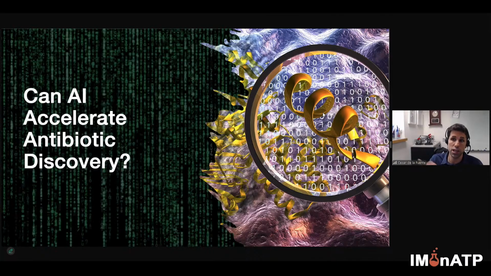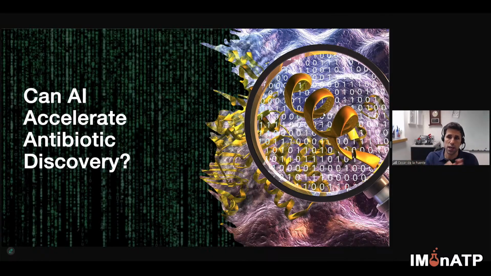Typically, scientists go around nature and take water samples and soil samples, and then try to purify active compounds present in all of that organic matter. But as you can imagine, this is a very painstaking process that relies on trial and error experimentation, and oftentimes does not yield good candidates.